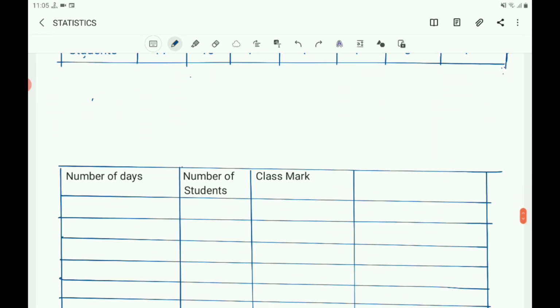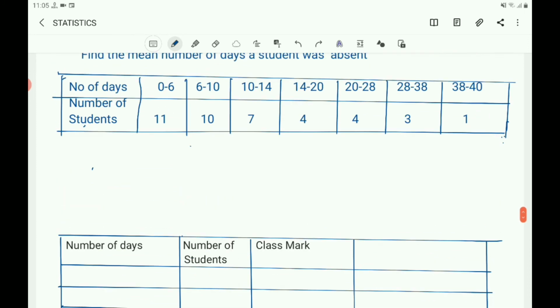Now you take the columns, that is number of days and number of students, that is Fi, and also find the Xi.